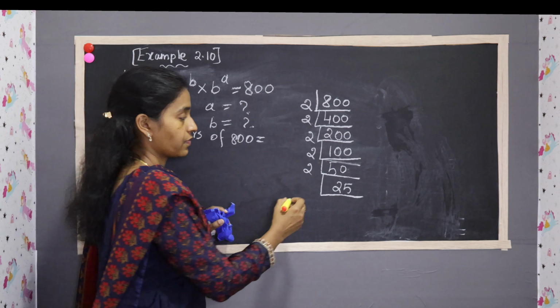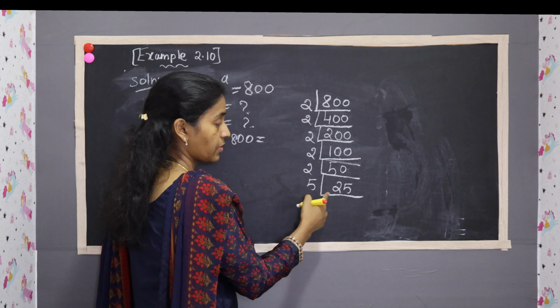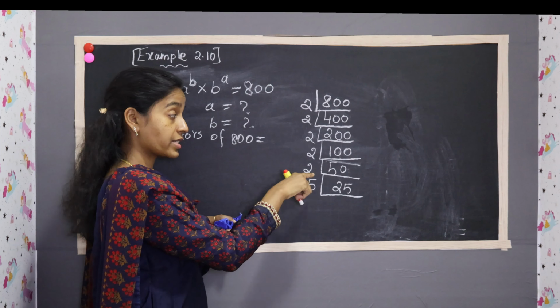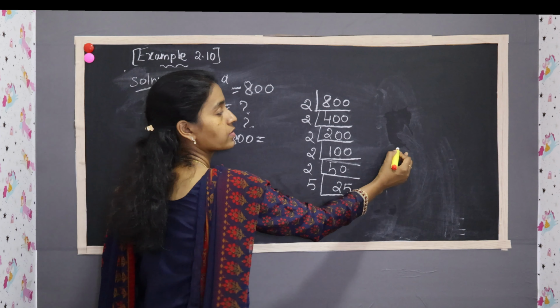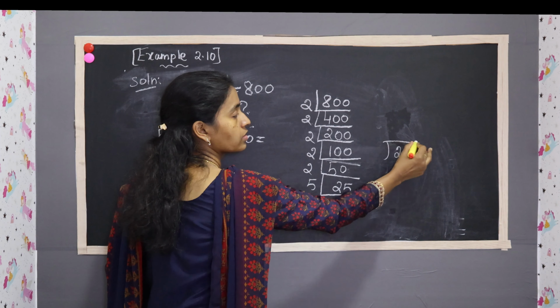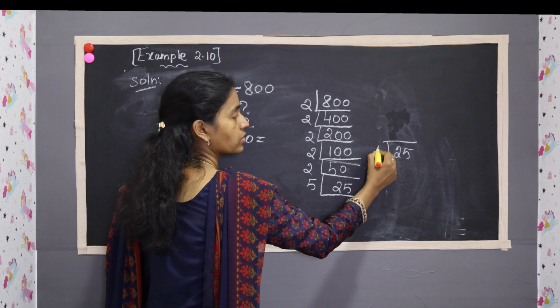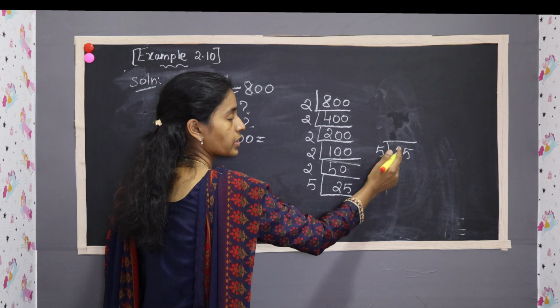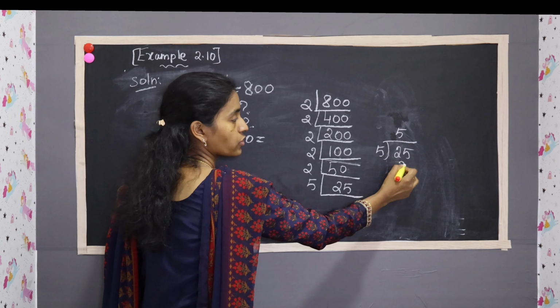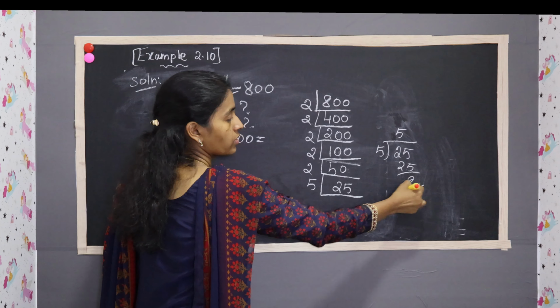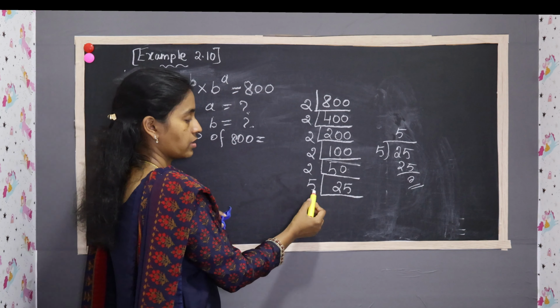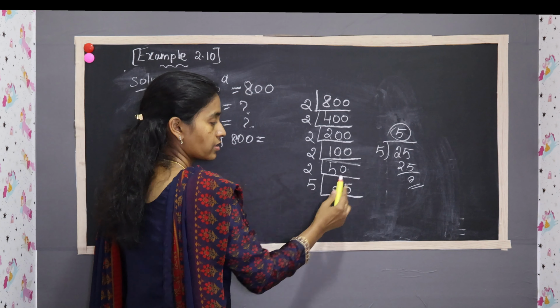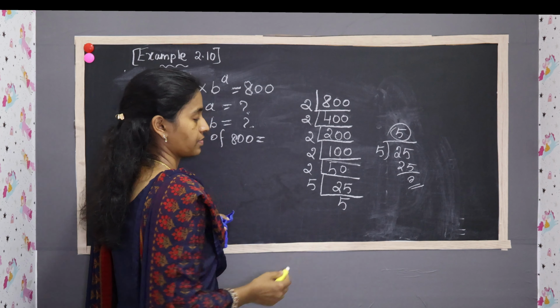So I have to divide 25 by 5. 5 into 5, 25. So answer is 0. So I can write this 5 over here.